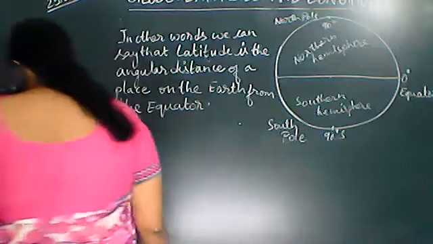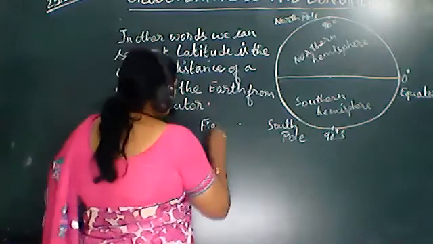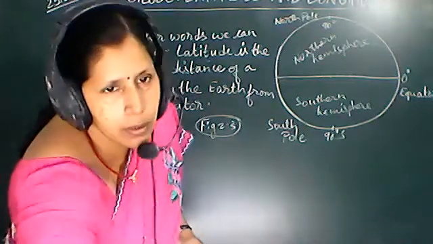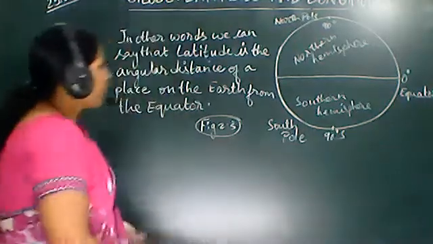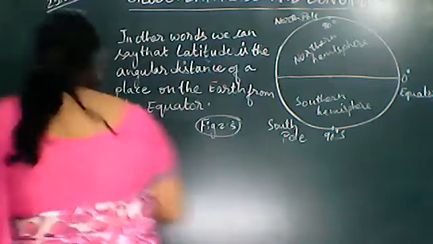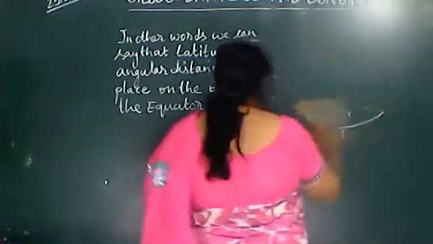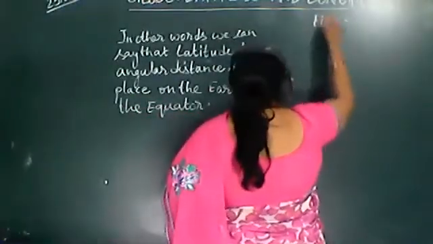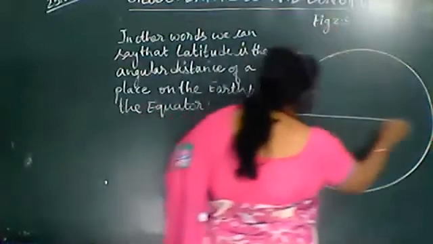When you go through your book, you will see that there is figure 2.3. When you go through figure 2.3, you will see that apart from the equator there are many other important latitudes.